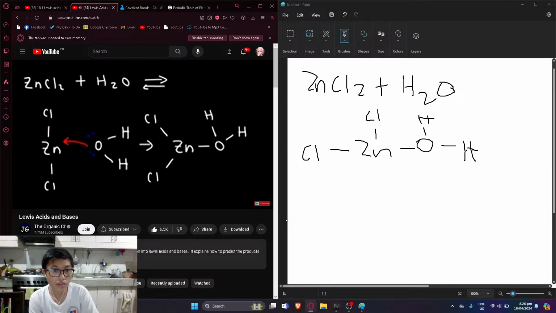Well, we're right. So now oxygen only has 1 lone pair, but now it has a positive charge. Zinc is now going to have a negative formal charge. And so that's going to be the product of that particular Lewis acid-base reaction.